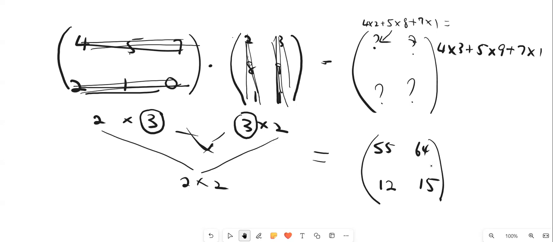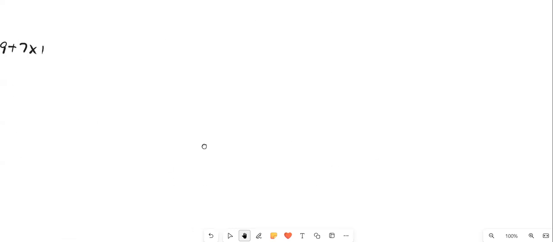So let's deal with an inverse, right? Let's deal with an inverse.